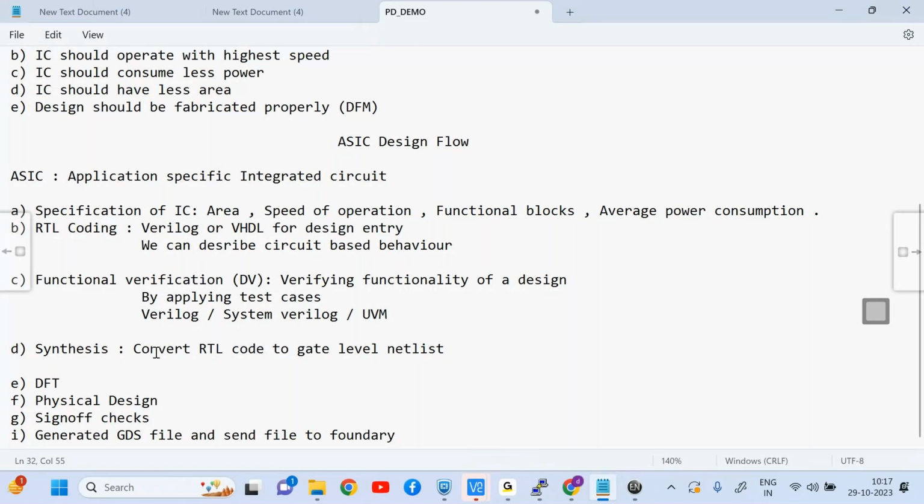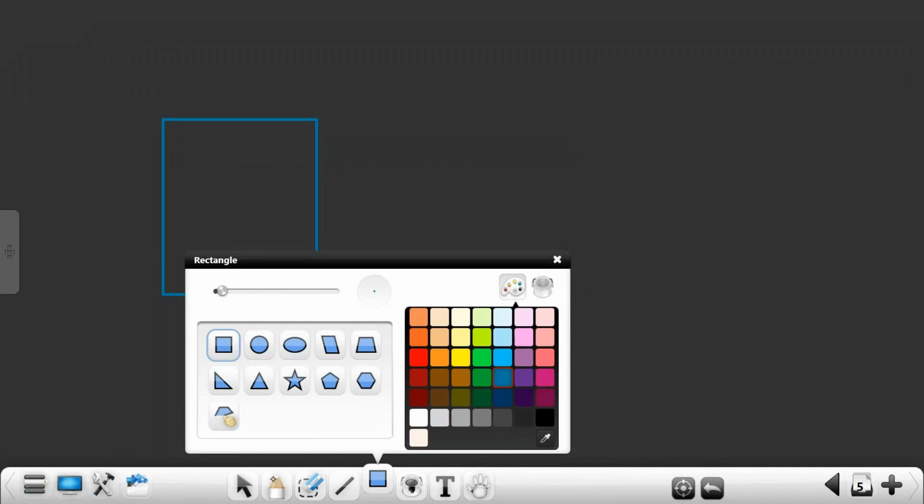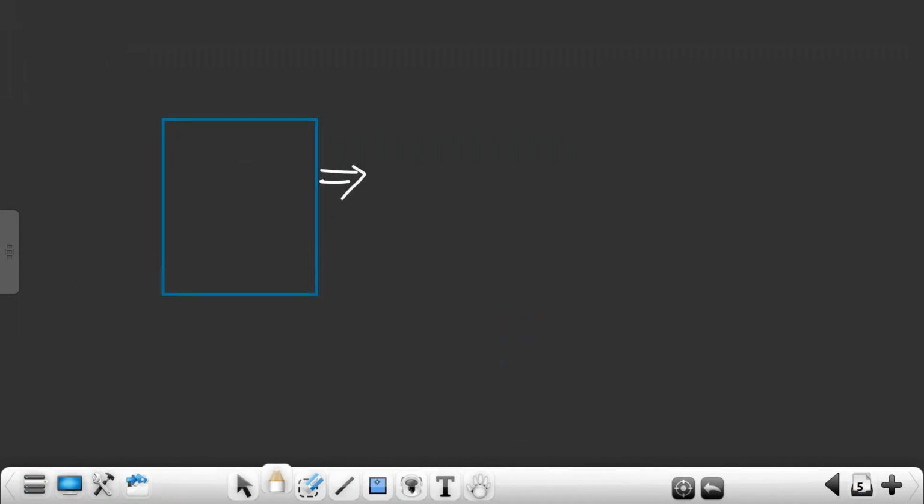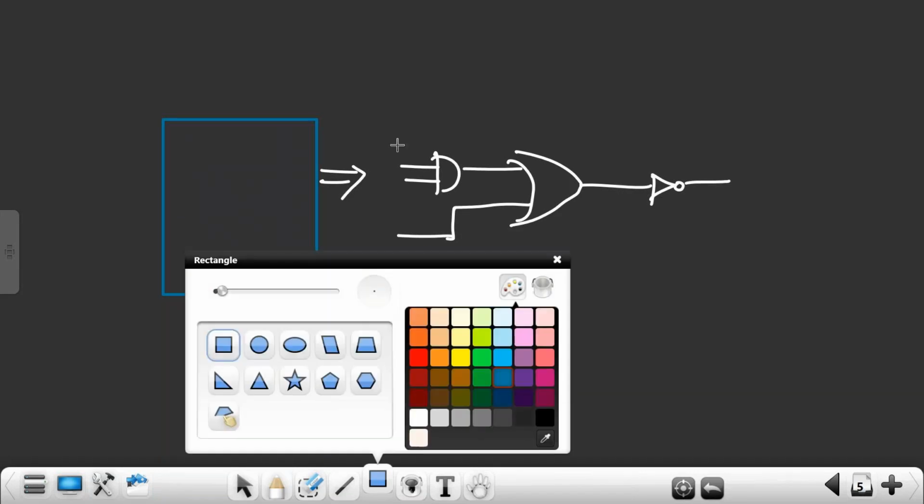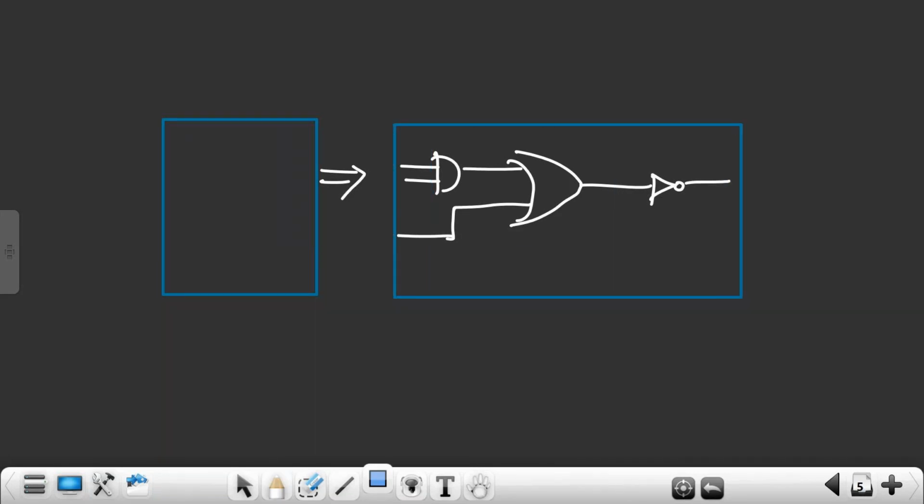Now the behavioral form you converted to gate level form. Whatever RTL program you have written, you are converting into a gate level program, a gate level diagram, like this. This is RTL.